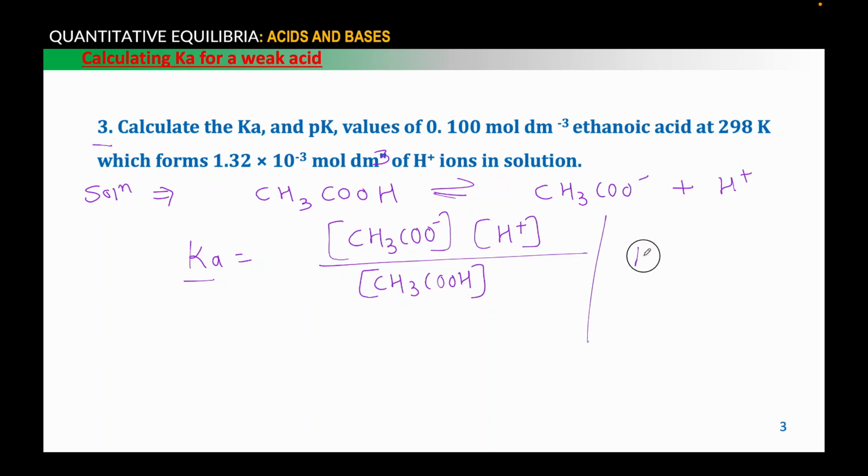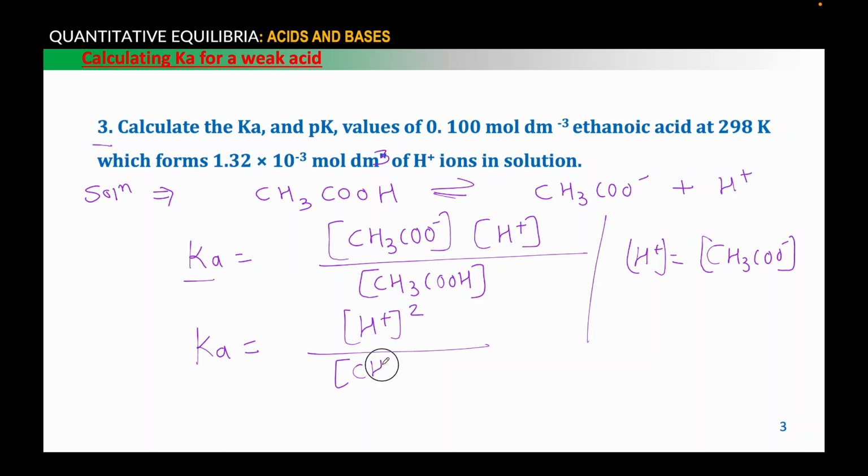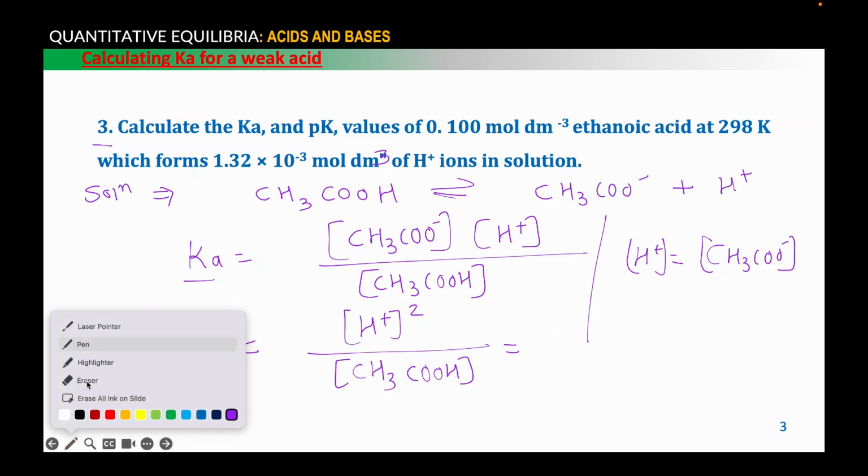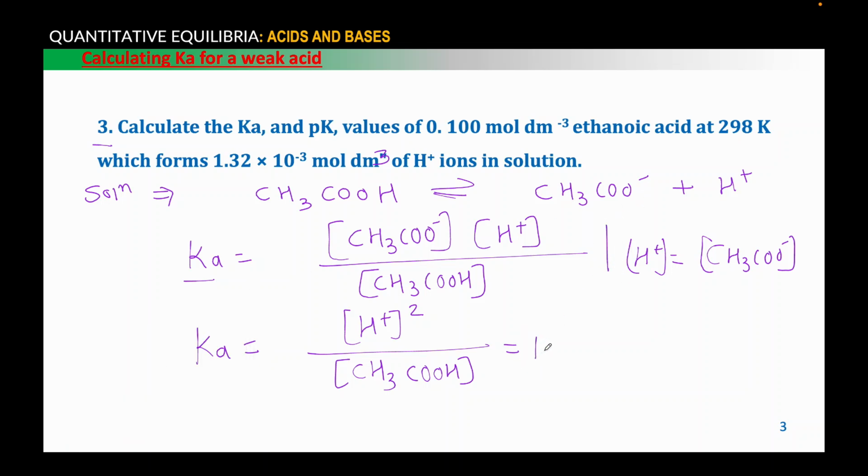As we know, for a weak acid CH3COOH, use this equation directly: Ka is equal to H plus square over the concentration of CH3COOH. And students, put the value of H plus, which is 1.32 into 10 to the power minus 3, squared.